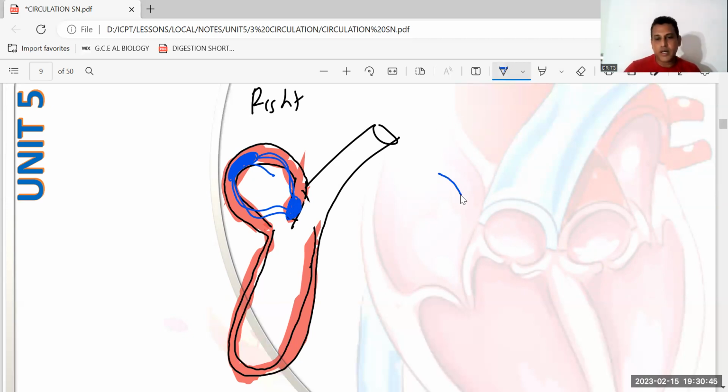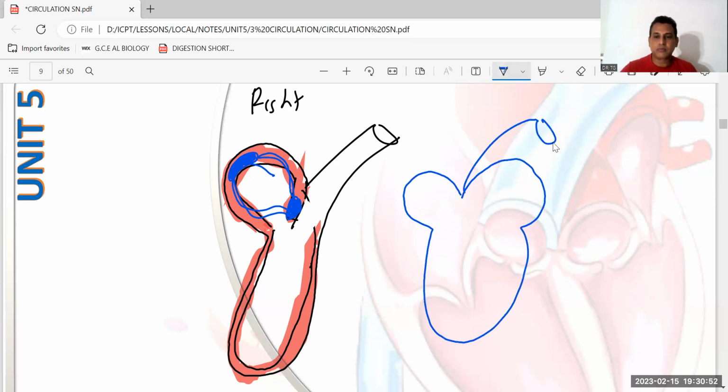So if you draw a heart like this, here, this area, and then here, this area, and they are connected to each other.